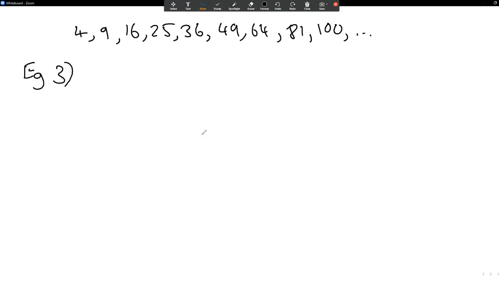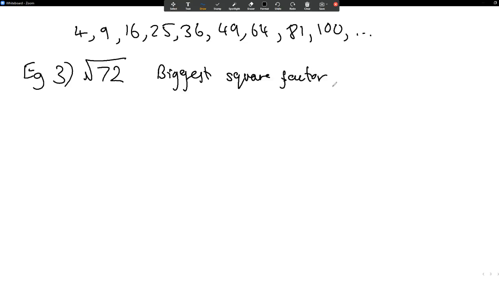And what we want to do is, let's say we have root 72 now. We want to find its biggest square factor. So first off, we know that its factors have got to be below 81 because 72 is less than 81. So let's work our way through and see what divides into 72.